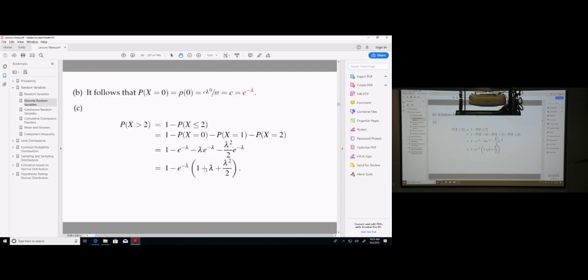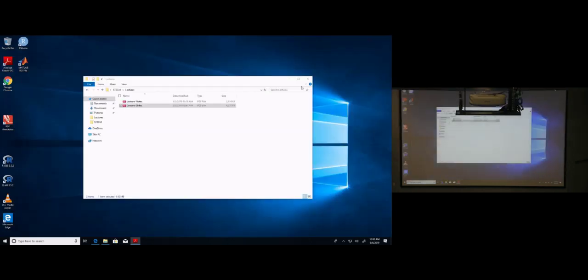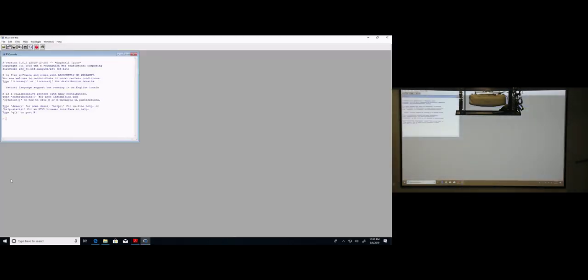Okay, so this does not tell you something, but say if we choose a particular value for lambda, let's say lambda equal to 2 for this particular case.